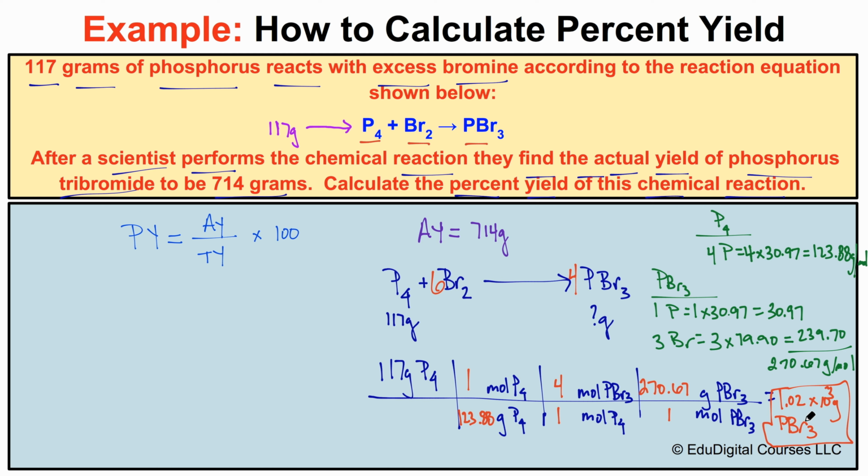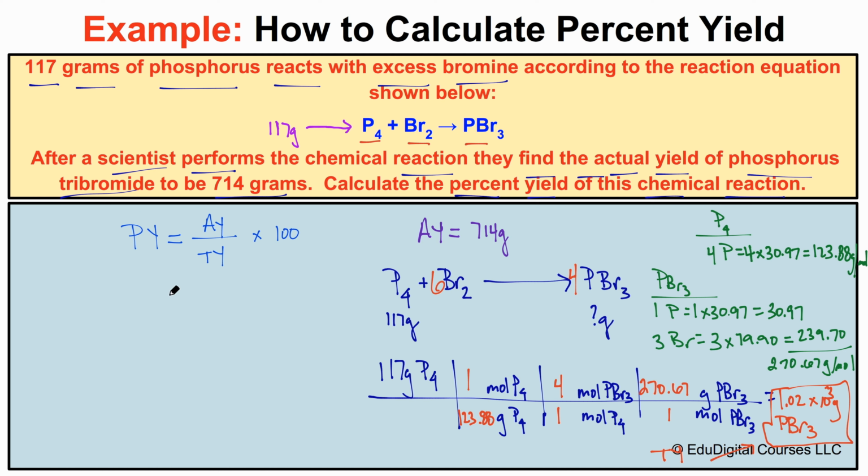This right here is just our theoretical yield. So we just figured out the theoretical yield. Theoretically, if we have 117 grams of this reacting with an excess amount of bromine, how many grams of phosphorus tribromide should be produced? 1.02 times 10 to the third grams. And this right here is going to be our theoretical yield.